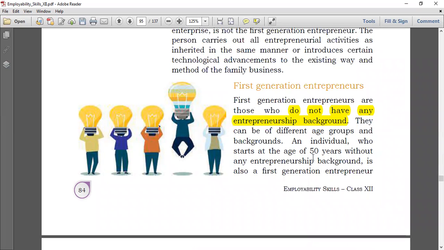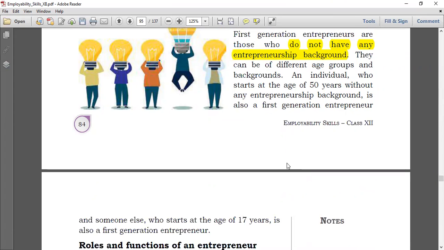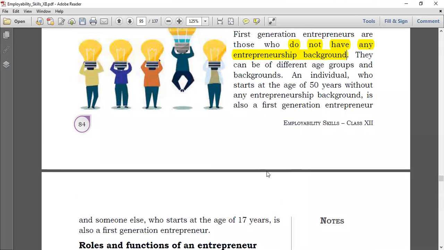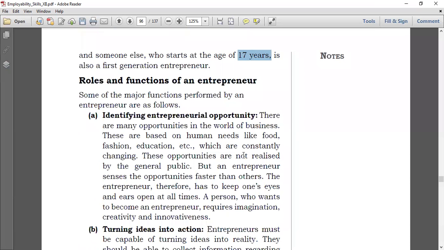Any individual who starts at the age of 50 years without any entrepreneurship background is the first generation entrepreneur, the one who starts the business, and there is no one in that business from his ancestors. Such a person we call a first generation entrepreneur, right? The age doesn't matter. If a person starts at 50 years or at 17 years, both are first generation, right?